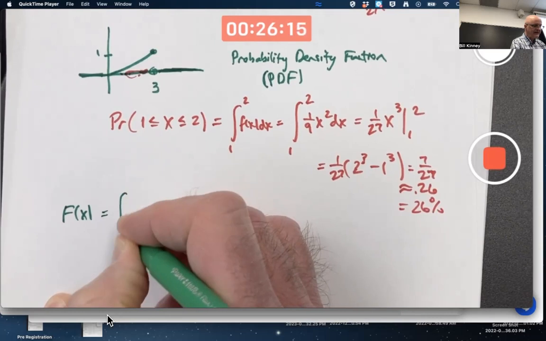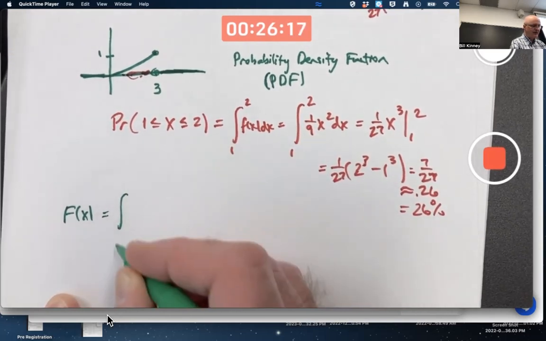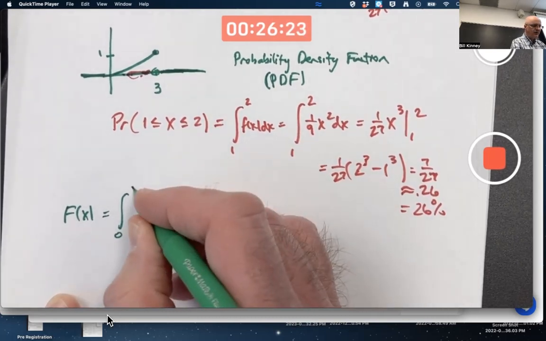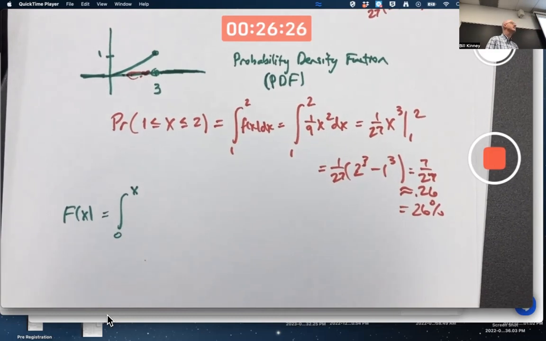It's the integral of the PDF from the lowest possible value where the PDF is non-zero to an arbitrary variable upper limit, X. We've talked about this last week, allowing the upper limit of an integral to be a variable. It's way more useful than you would imagine.